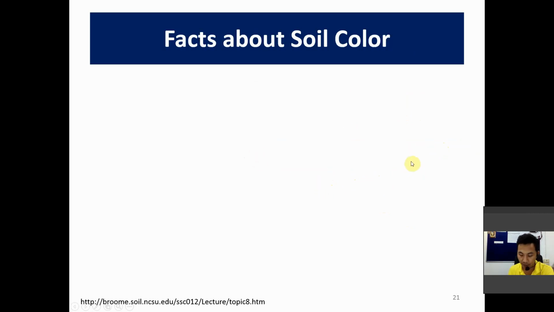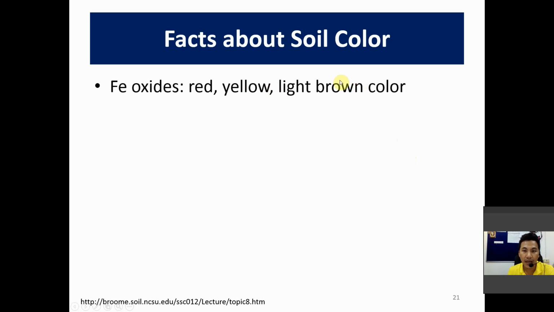And again, it comes from iron changing from 3 plus to 2 plus by receiving an electron in a waterlogging system.